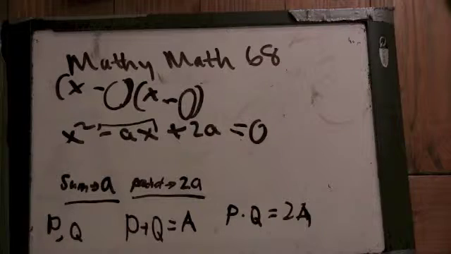Maybe there's more than one value for p and q, but I'm not sure yet. The problem is certainly asking you to add up all the values of a for which this is true. So for any given value of a, there's probably only one set of p and q that makes this work. But for different a's, there probably are different p's and q's.